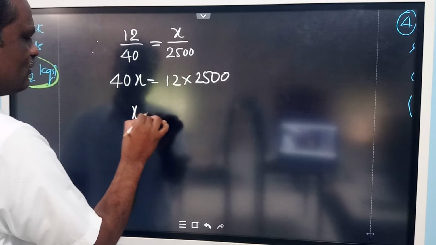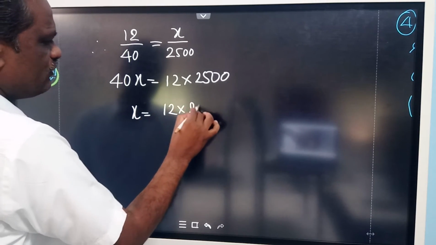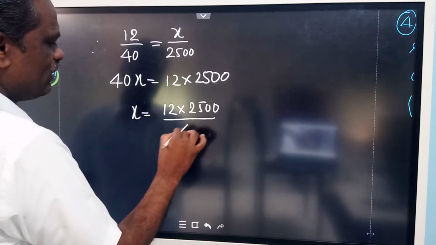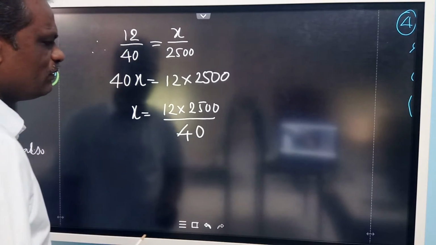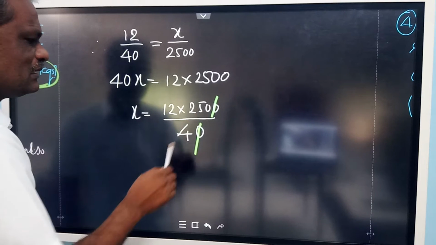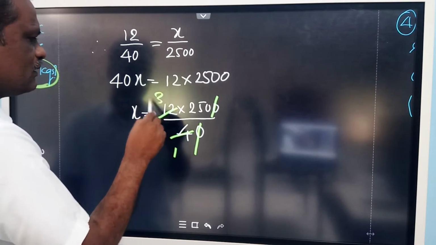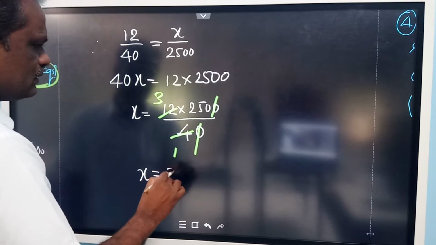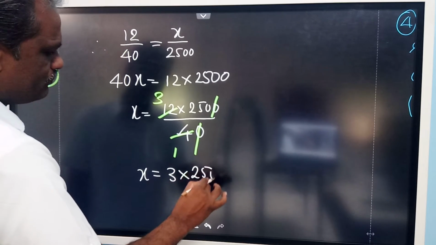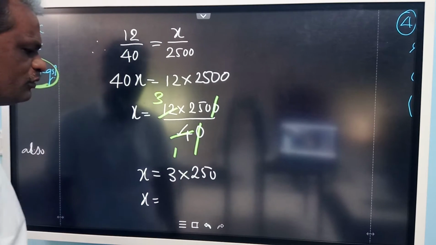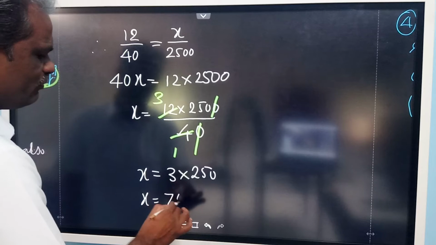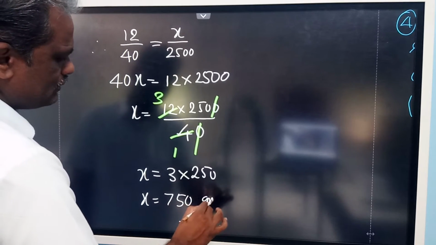So x is equal to 12 into 2500 divided by 40. You can simplify this: 0 cancels, 4 ones are 4, 4 threes are 12. So x is equal to 3 into 250. Multiplying, 250 threes are 750.